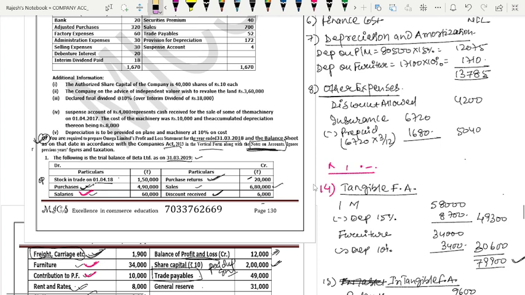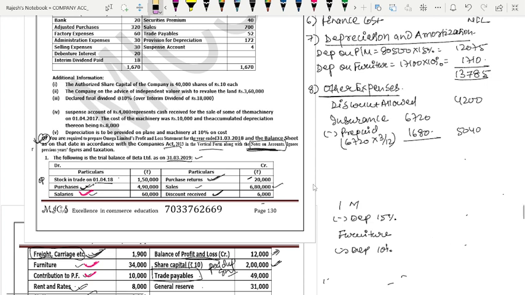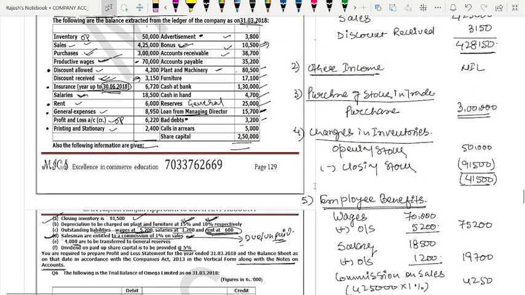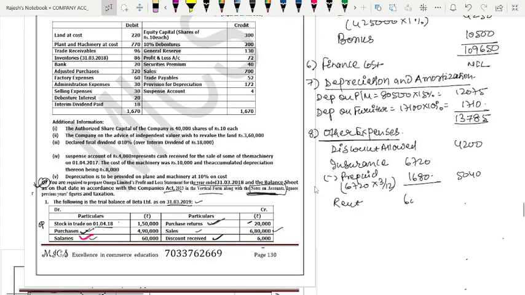For this I have to remove the earlier solution. Write down the amount. Just a minute. Rent is 6,000 plus 600.